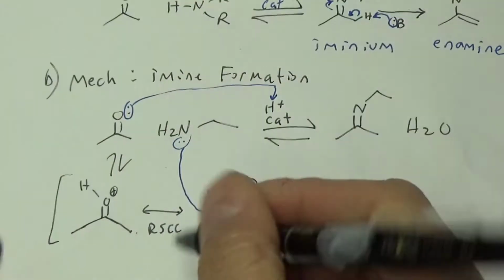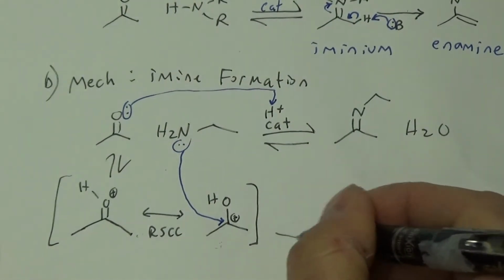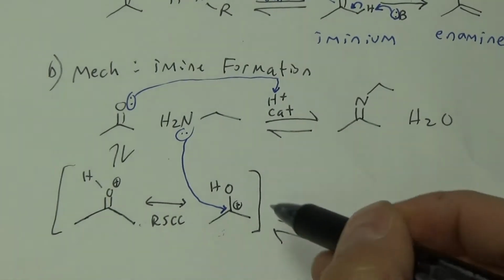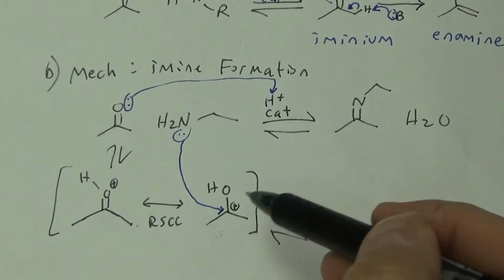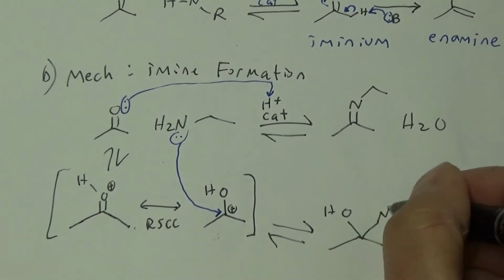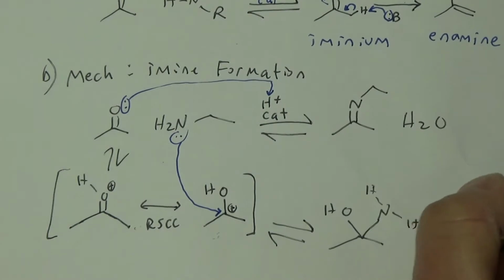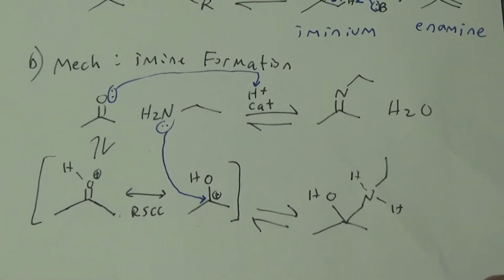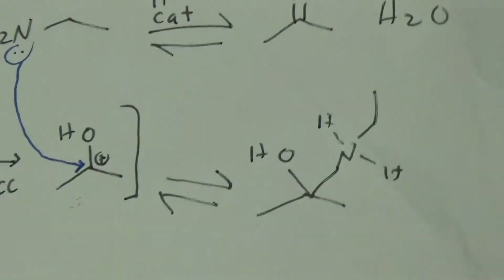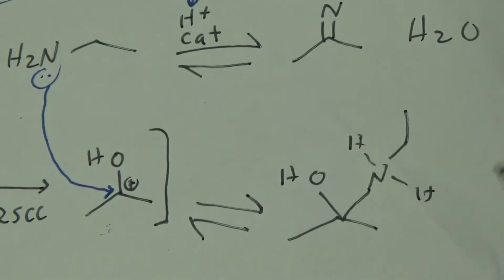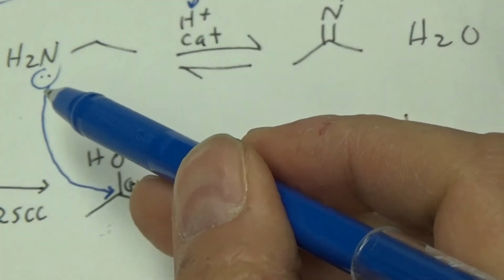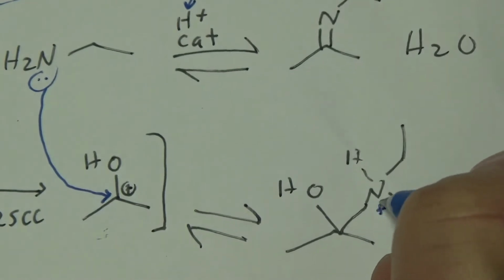Alright. Okay, so now what's connected to what? This is connected to that. And where's my new charge? What's bound to four? Well, the nitrogen's bound to four things. It was neutral, but it gave up its lone pair, so now it's positively charged.